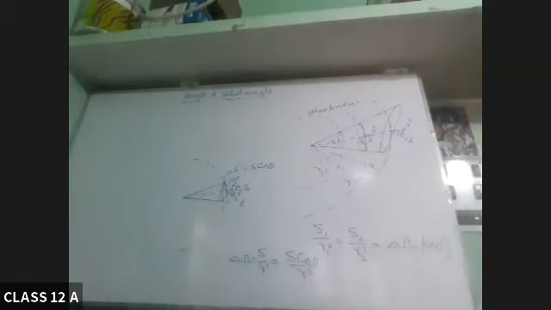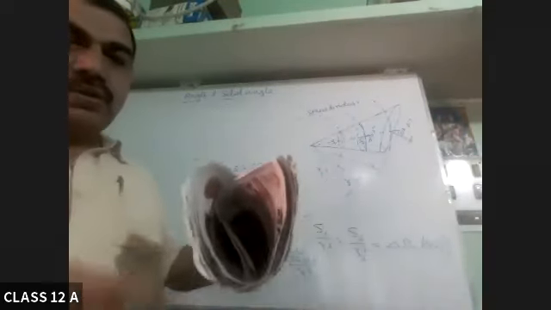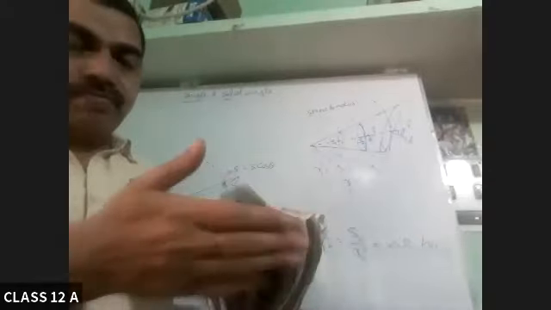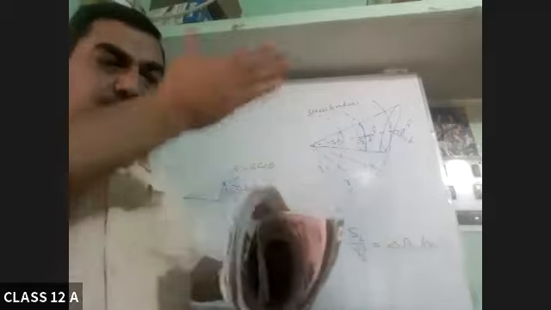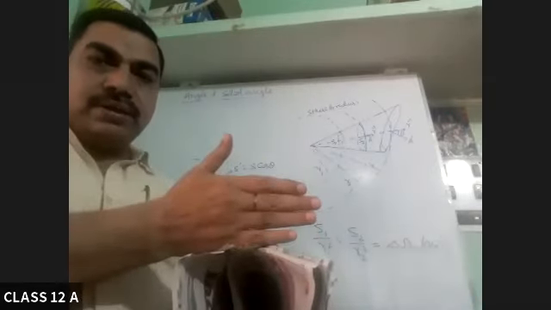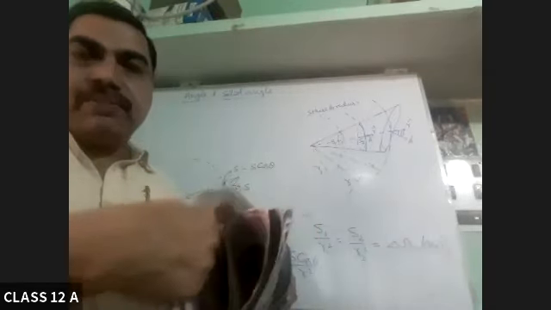For example, again we are taking the same thing. So suppose this one. This area we know, but it is not perpendicular to this radius. Perpendicular to the radius will be, if we cut like this, then this area will be perpendicular to that.